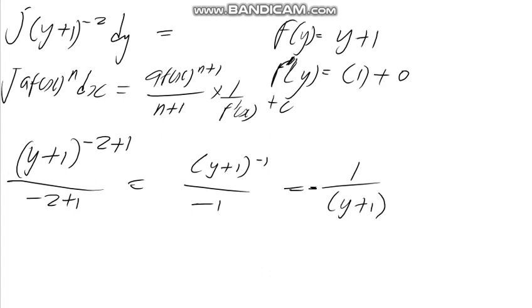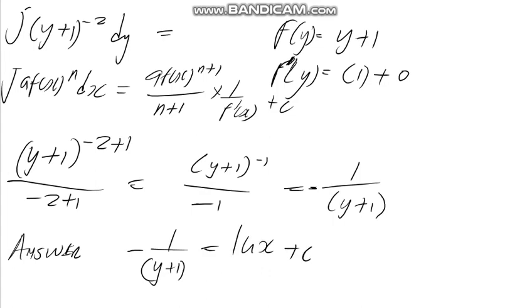That's how you're going to do it. And then the final answer will be minus 1 over (y plus 1) equals ln x plus c. And that's how you do it, guys.